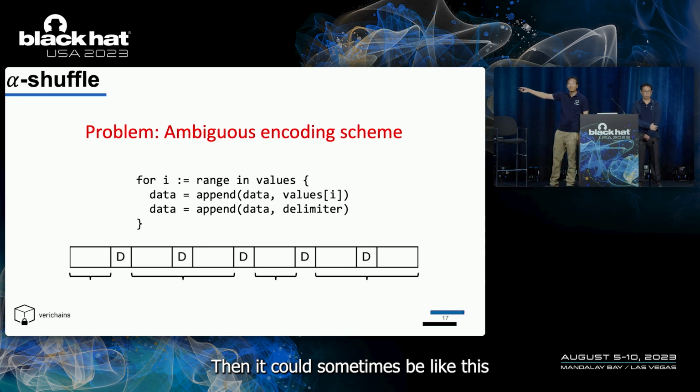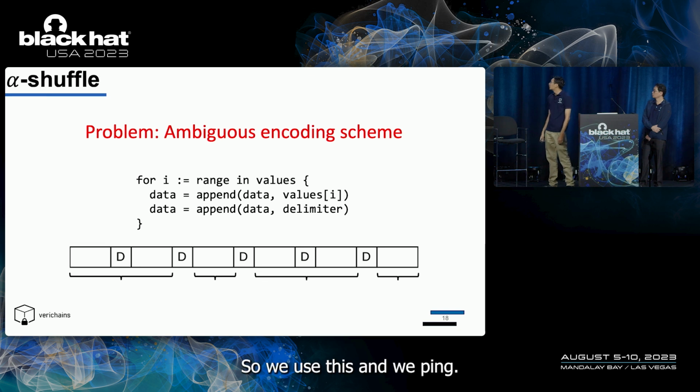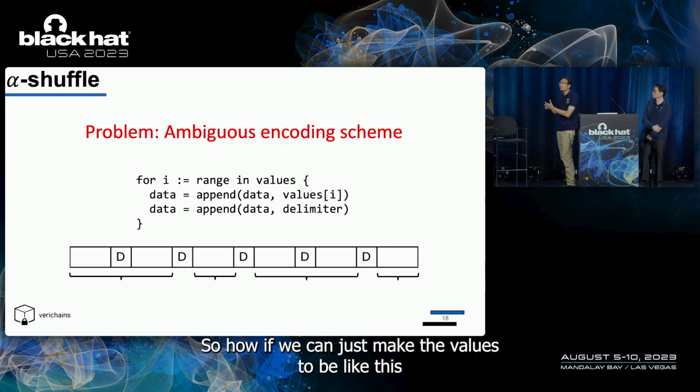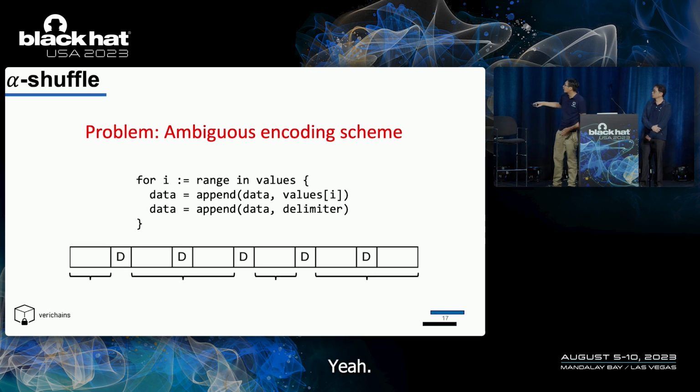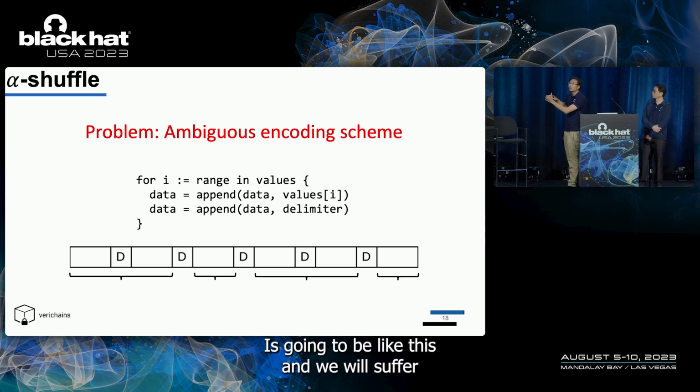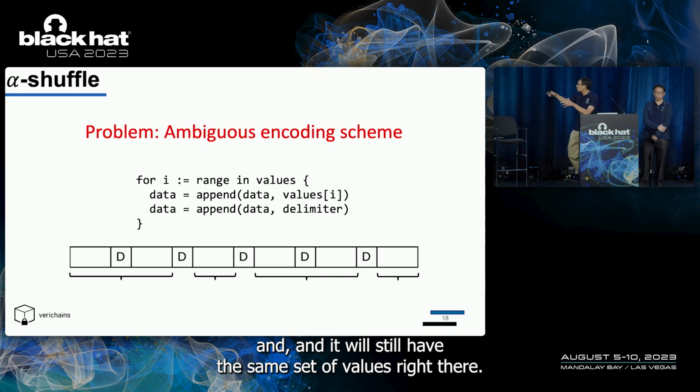Then it could sometimes be like this, or like this. So we use this, and we think, if we can just make the values be like this, we can have the same set of data. And we will shuffle the values around, and it will still have the same set of values right there.